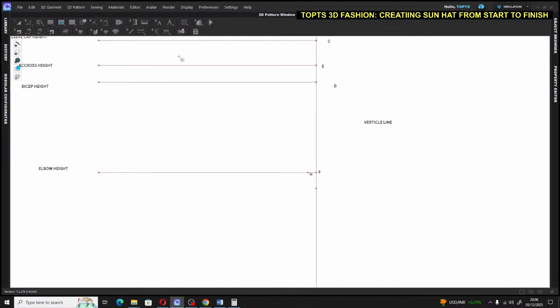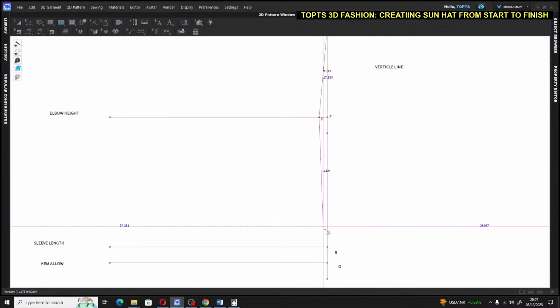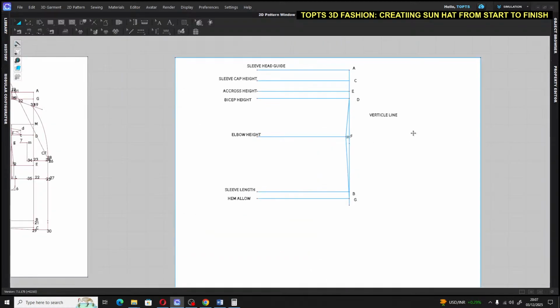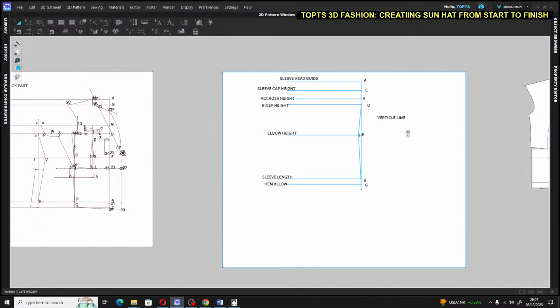We begin from D, we pass via H, then we continue up to B, all the way to G. So that's our connection. I hope you're seeing the bend or the shape that we have created.